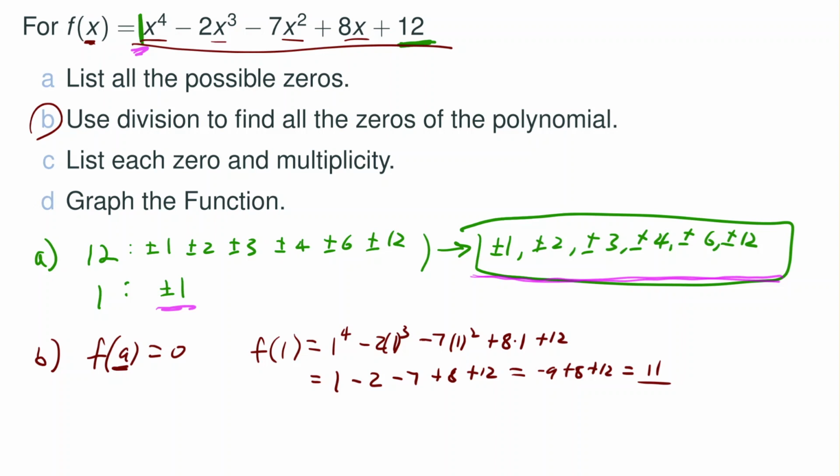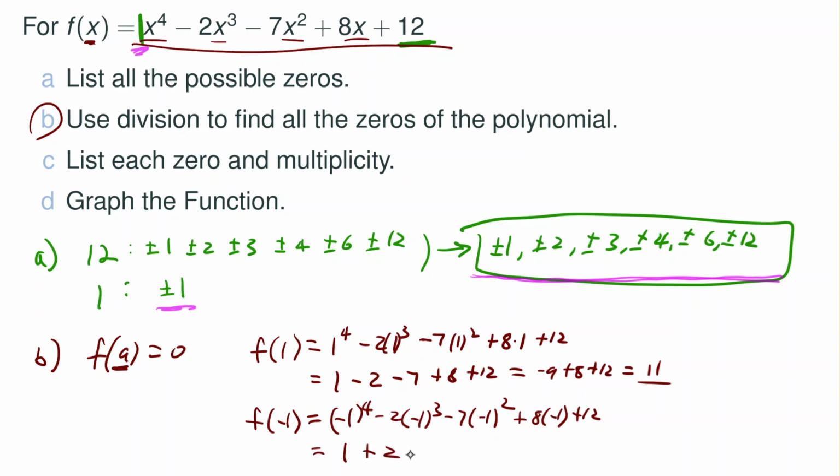Okay. So now let's try negative 1. F of negative 1. So I'm going to do negative 1 to the 4th, minus 2 times negative 1 cubed, minus 7 times negative 1 squared, plus 8 times negative 1, plus 12. So I get negative 1 to the 4th power, positive 1. Negative 1 cubed is negative 1, and negative 2 times that is positive 2.